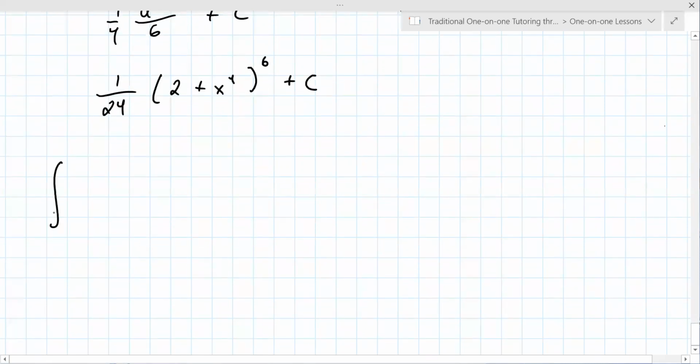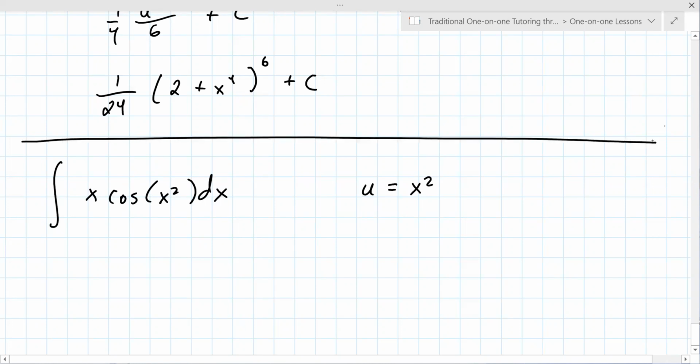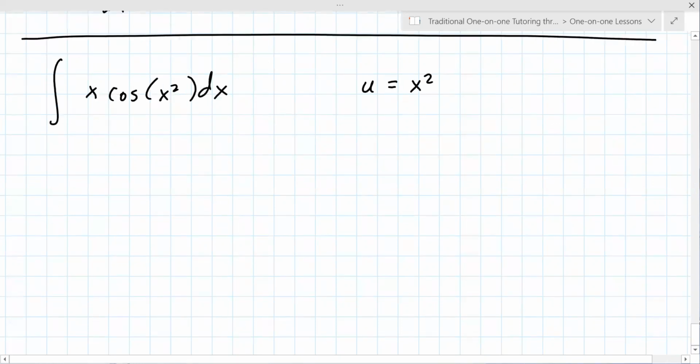What is the integral of x cosine x squared dx? So your u is x squared. What's your du? It's 2x dx.